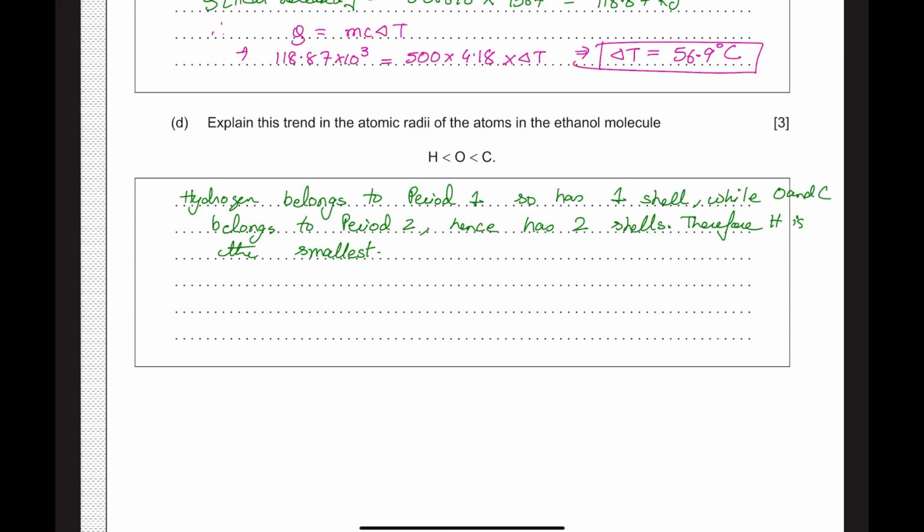Now we have to compare between oxygen and carbon. Okay. So oxygen has a higher atomic number compared to carbon, right? Carbon's atomic number is 6, oxygen is 8. So oxygen has more protons as compared to carbon.